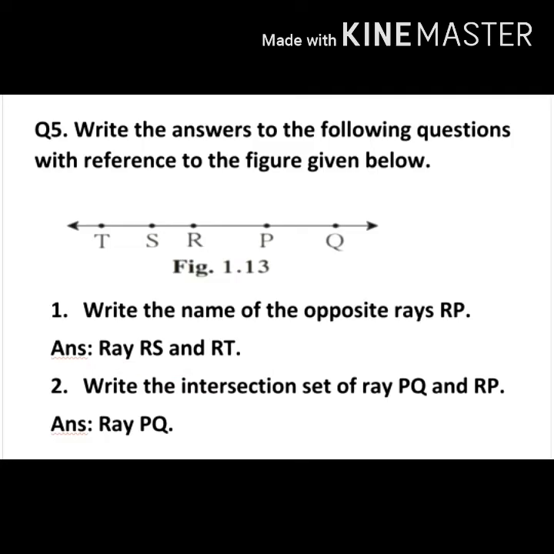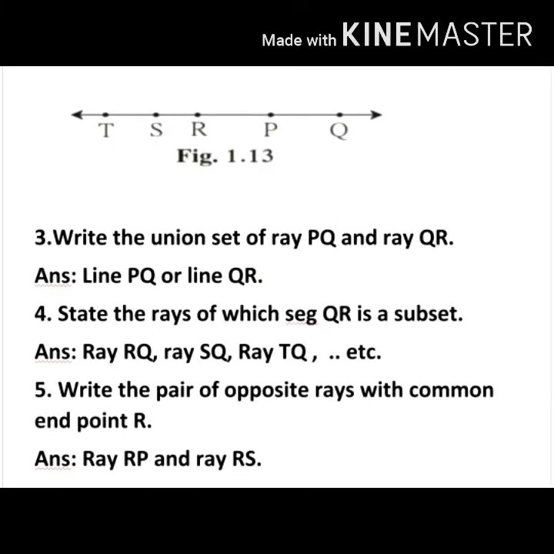Second question. Write the intersection set of ray PQ and ray RP. Intersection means common part or common element. In ray PQ and ray RP, common is PQ. So student, answer is ray PQ is the intersection set of ray PQ and ray RP. Third question.